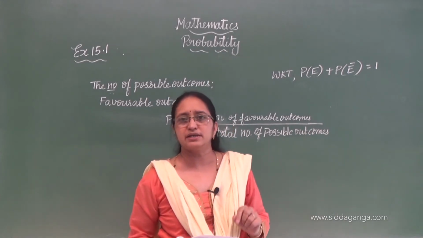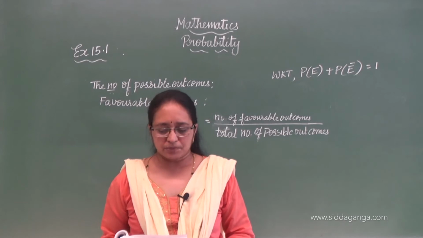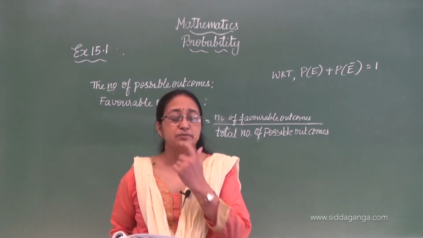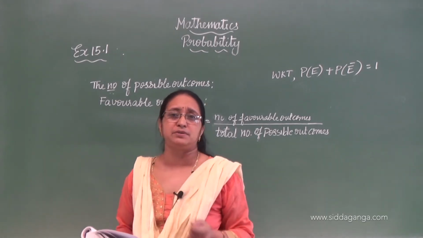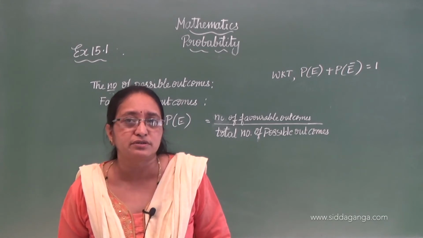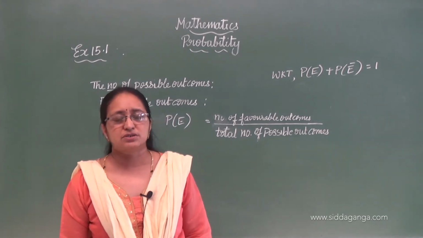So, what will you write there? Answer 1. Next, second one. The probability of an event that cannot happen, see, that is an impossible event. I had told you in the previous class, in the introduction class.